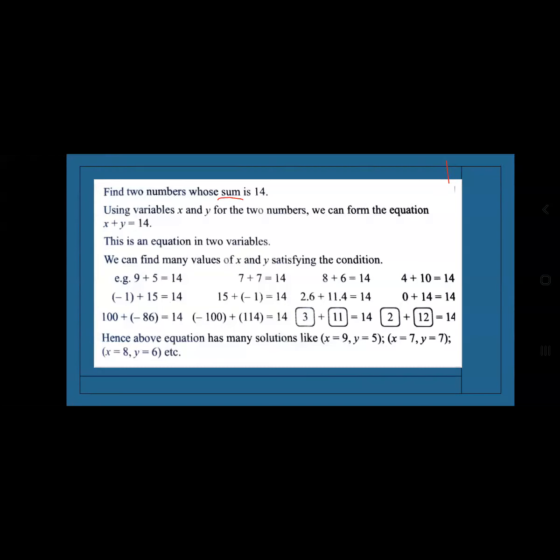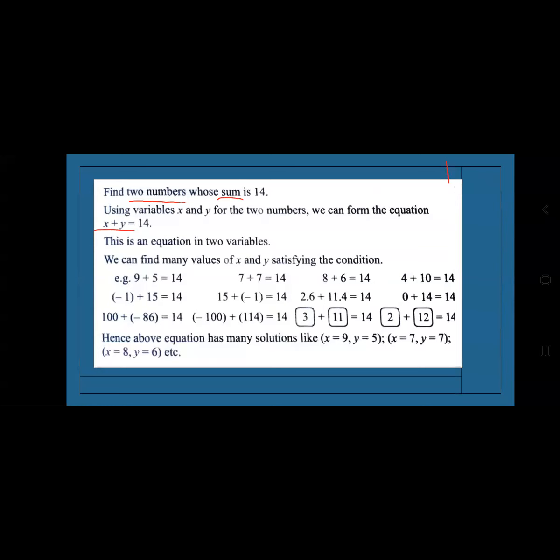This is an equation in two variables, because there are two numbers, which we don't know, so they are x and y. So we can find values of x and y satisfying the condition.